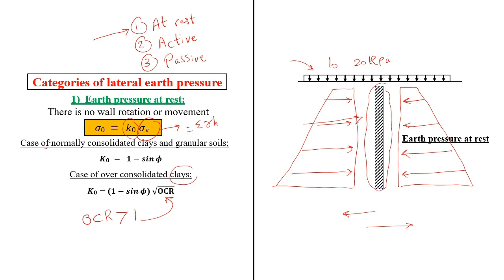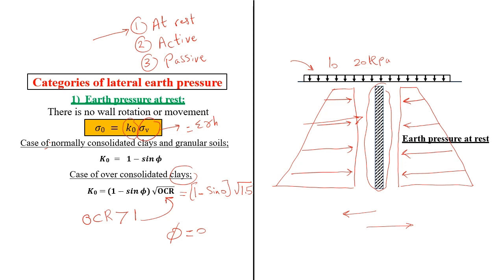For pure clay, the internal friction angle phi is equal to 0. So when you substitute in this relationship, you have 1 minus sine 0, by the square root of the over-consolidation ratio. Let's assume that the over-consolidation ratio is 1.5.